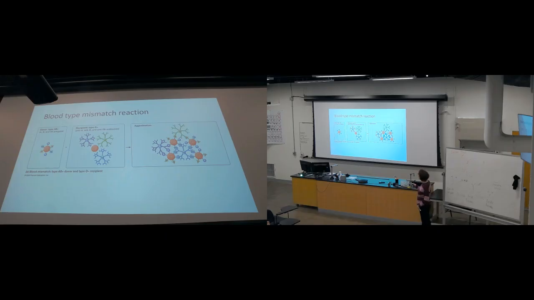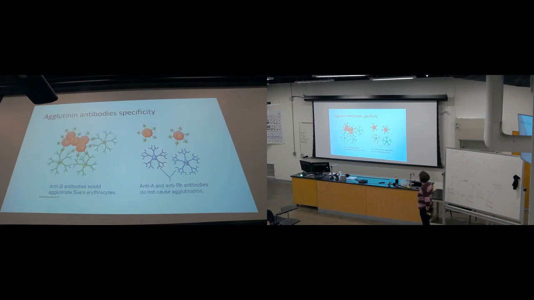Why? Because you have these antibodies. I drew them here, anti-Rh. So there is a specificity for the antibodies. B antibodies only bind to B antigens, and A antibodies against A antigens.